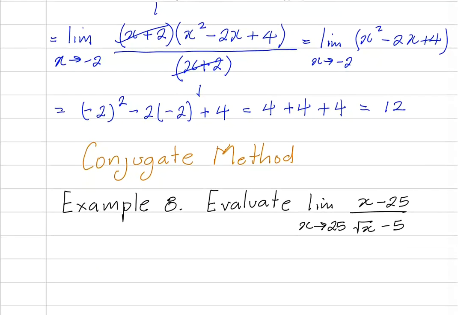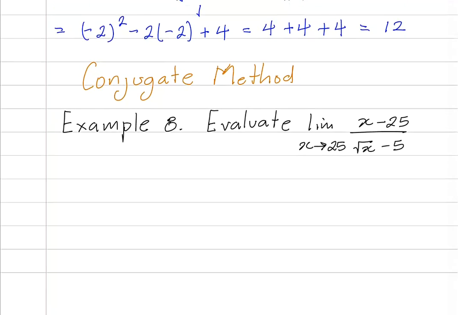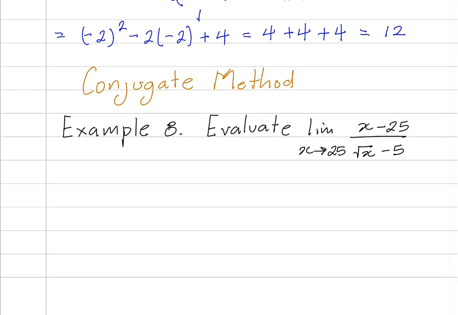Alright, conjugate method. So let's evaluate. At the bottom we have a surd, so let's get rid of the surd by multiplying the numerator and the denominator by the conjugate of the denominator.